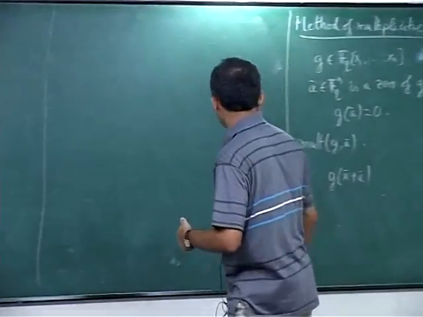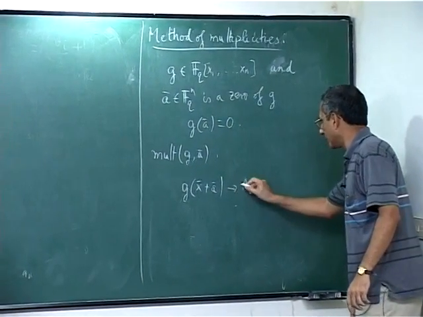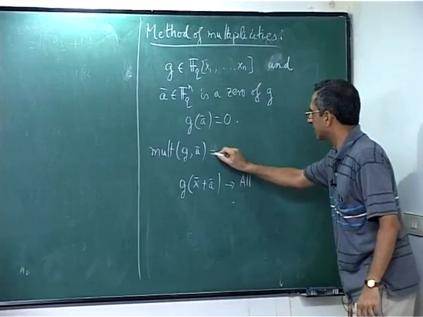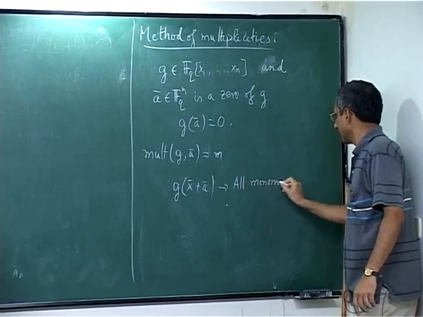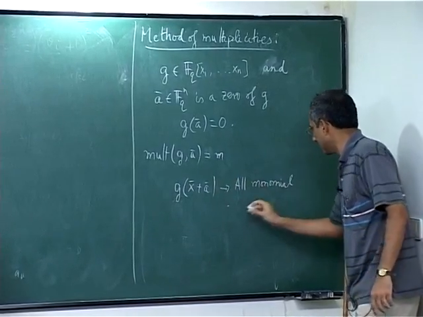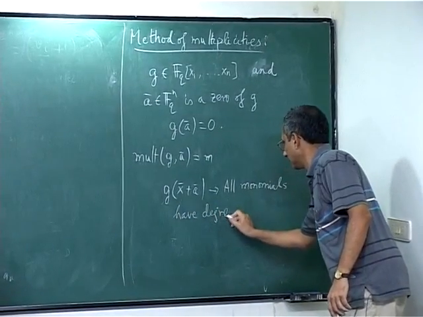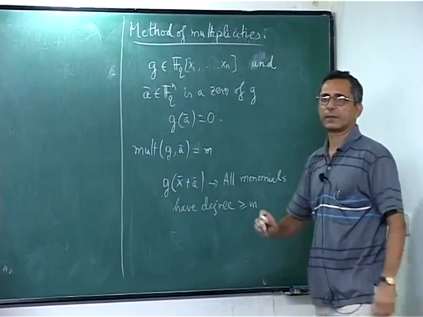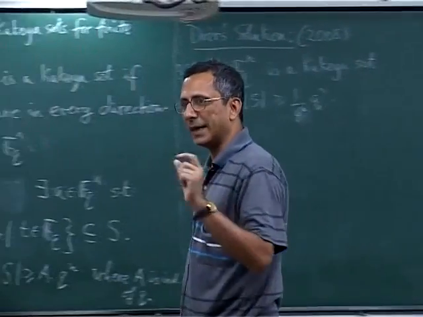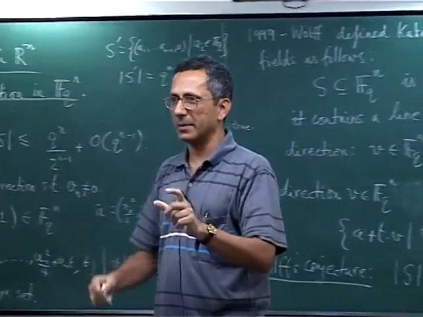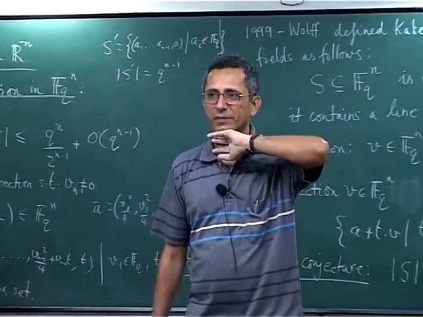We just generalize that and say the multiplicity is m if all monomials in g of x bar plus a bar have degree greater than or equal to m, and there is a non-zero monomial of degree m. If everything less than degree m is 0, then you say its multiplicity is m.